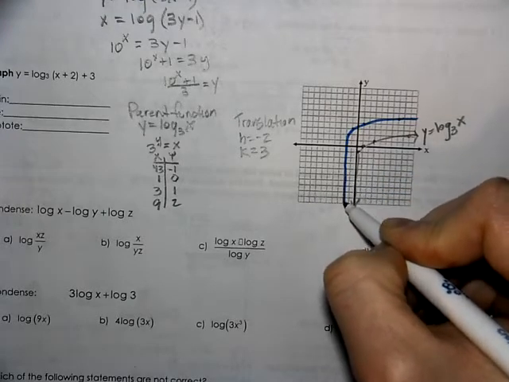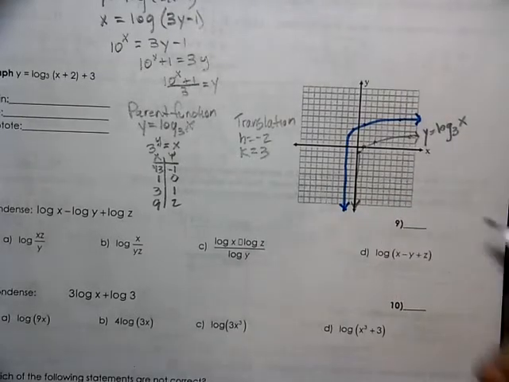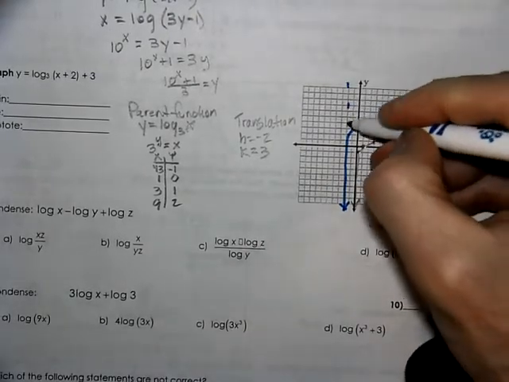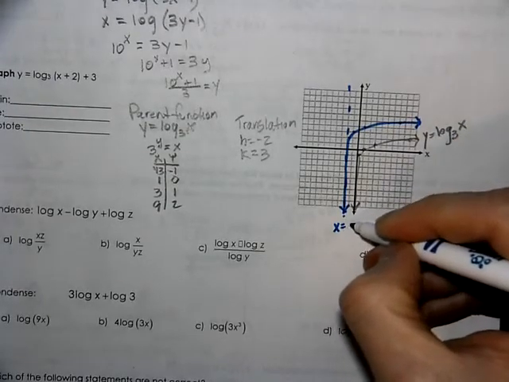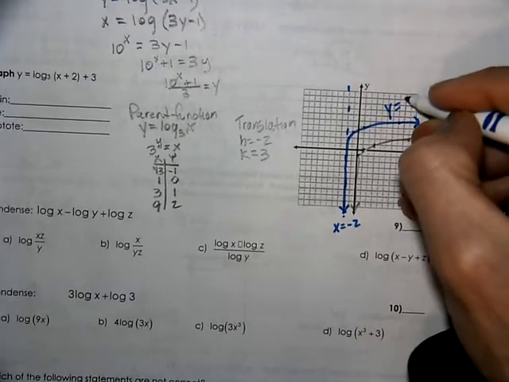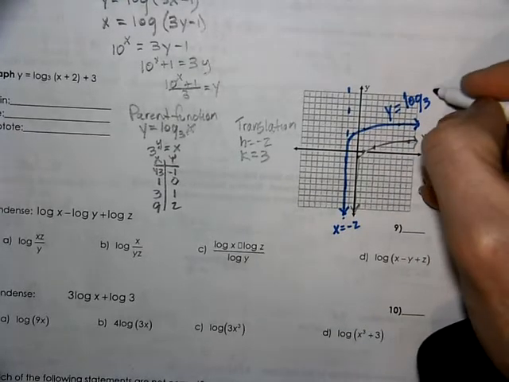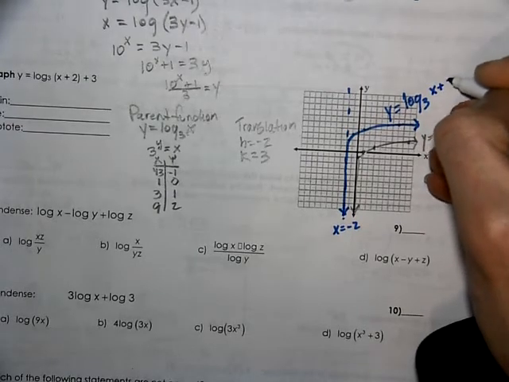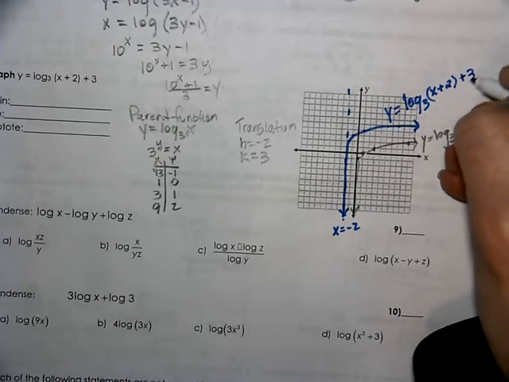You just have to remember to respect that asymptote that's also going to move over. And that asymptote is now at -2. Our equation is log base 3 of x plus 2, plus 3.